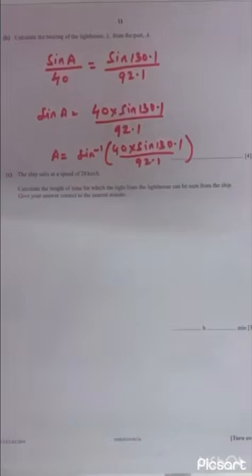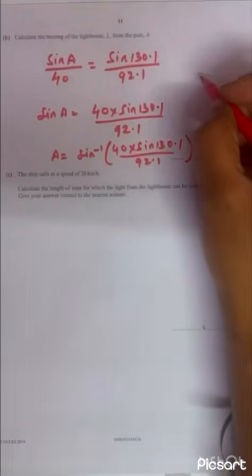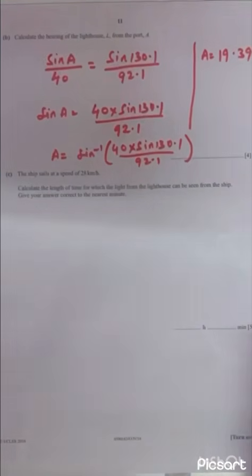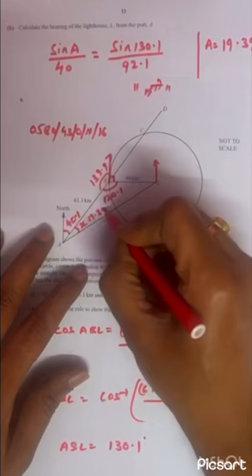And I'll calculate this for you. On calculation, I'm getting angle A, which is 19.39. So now this x is 19.39.